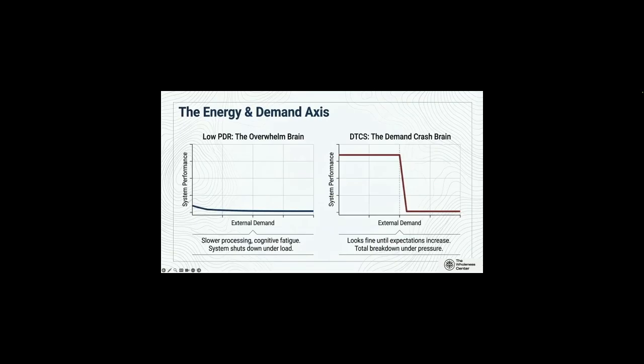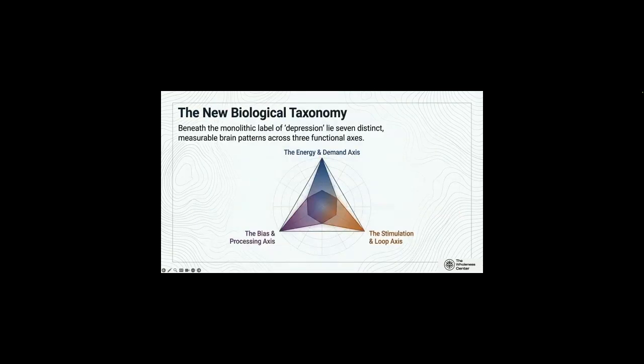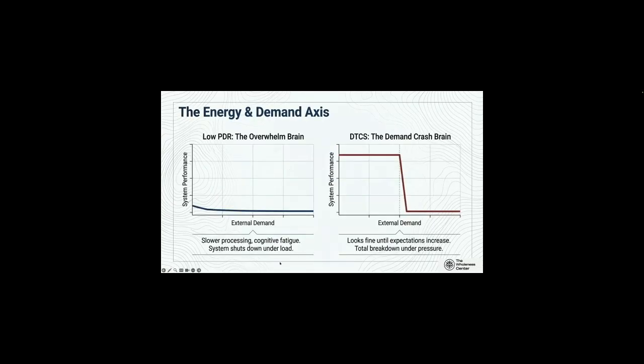So when we get into our first section, at the top of this energy and demand axis, we look at the top of the map and we start with the energy, because the way we look at it is that if the brain can't meet the demand, pretty much everything else downstream begins to fall apart.